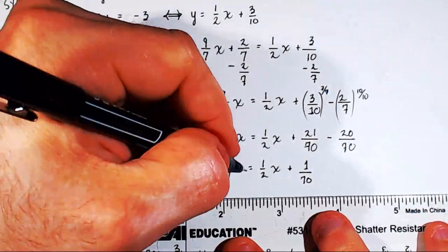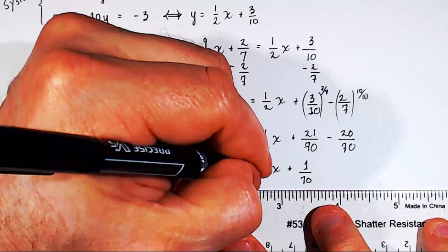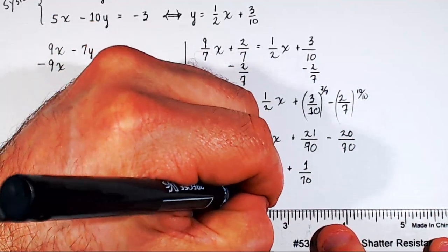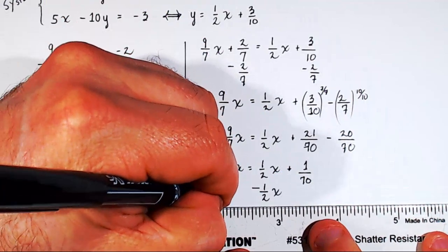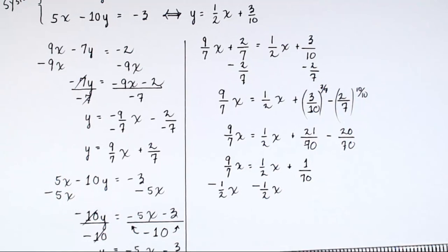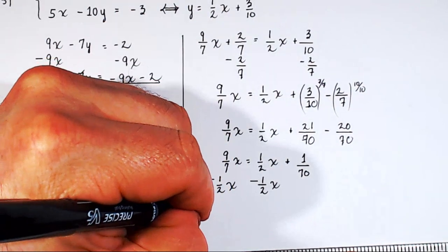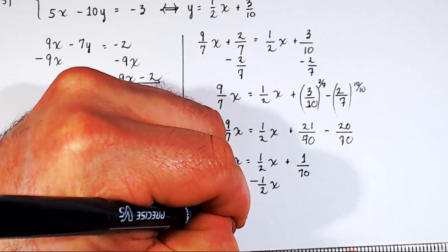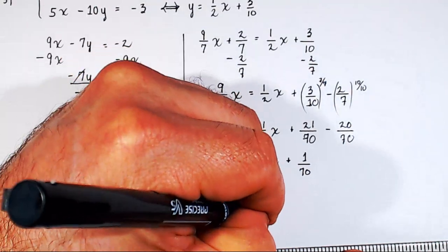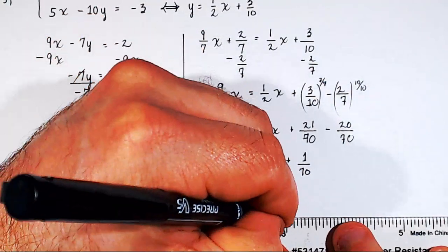Right? So now, to get x by itself, I'll subtract 1/2 x from both sides. And what I'll write is 9/7x minus 1/2x equals 1/70.